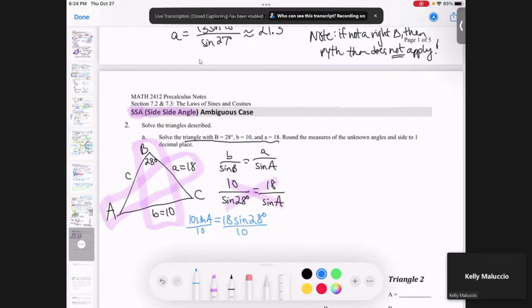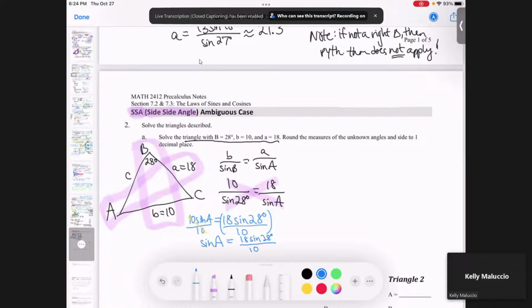Some people can automatically get to this step, and that's perfectly fine. So then sine A is this whole thing, and I'm going to approximate that decimal. So sine A is about, oh no, I forgot, we have to do inverse. Okay, so I'm going to write this: 18 sine 28 degrees over 10.